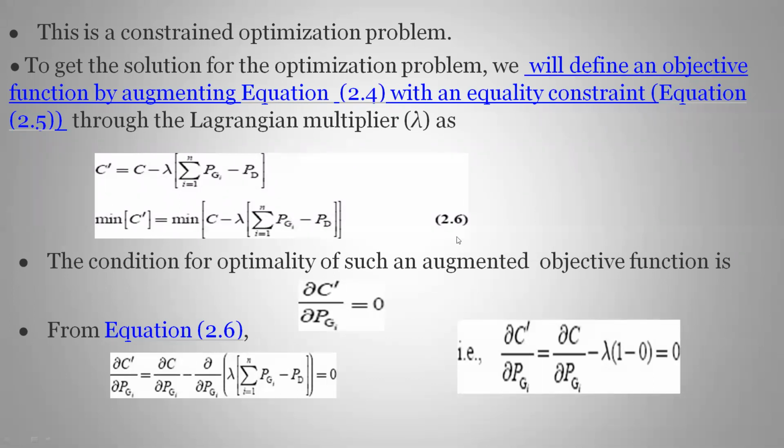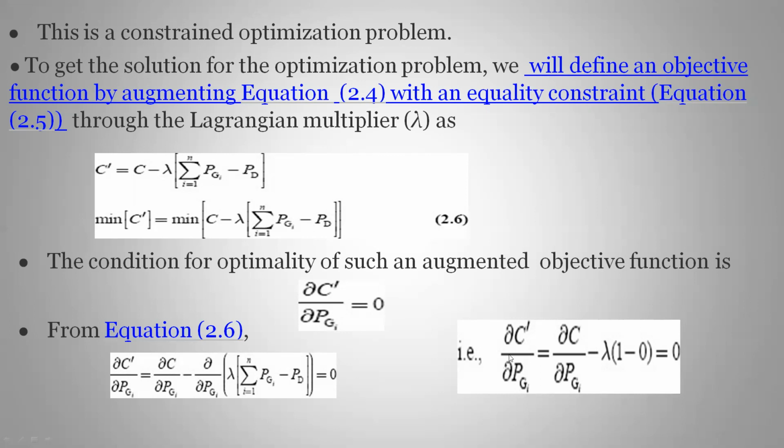From equation 2.6, in the condition for optimality, we differentiate C dash with respect to PGi. Dou by dou PGi of C dash is equal to dou C by dou PGi minus dou by dou PGi of lambda times the sum from i equal to 1 to n of PGi minus PD, equal to 0.